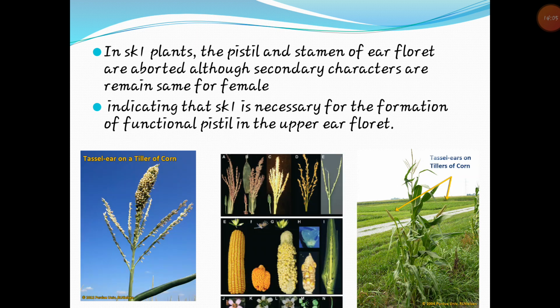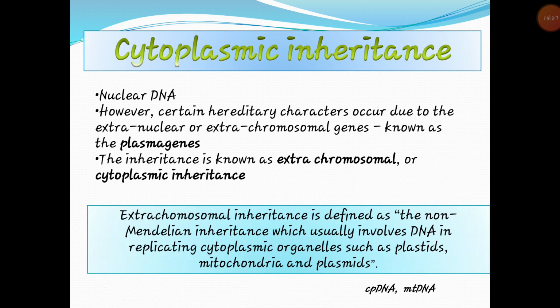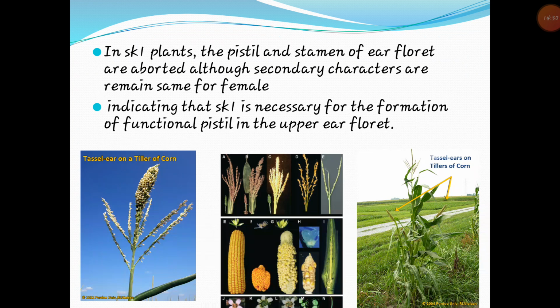Then in SK plants, the pistil and stamen of the ear floret are aborted, although secondary characters remain the same as female, indicating that SK1 is necessary for the formation of a functional pistil in the upper ear floret. In this way we have seen sex determination in different plants.